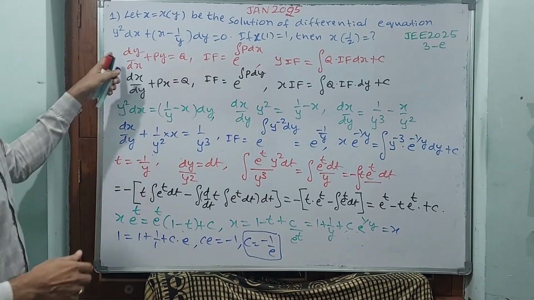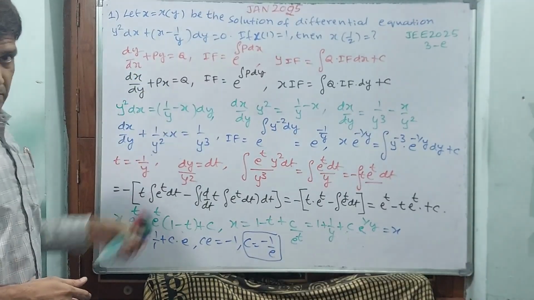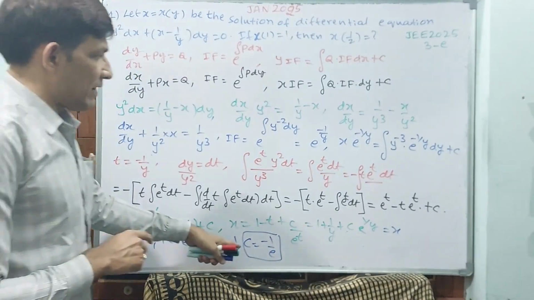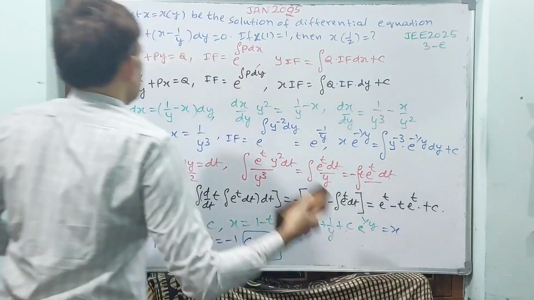Okay, I want to remove these two lines, please pause and note down, okay, c value you have got, still you have to get the answer.